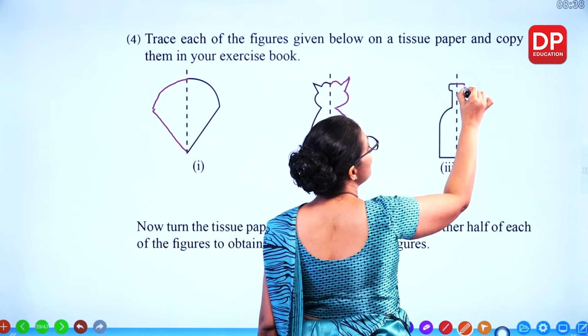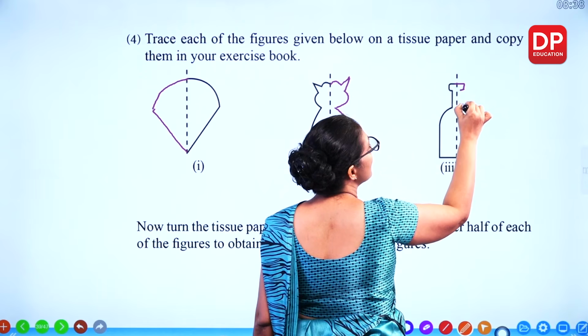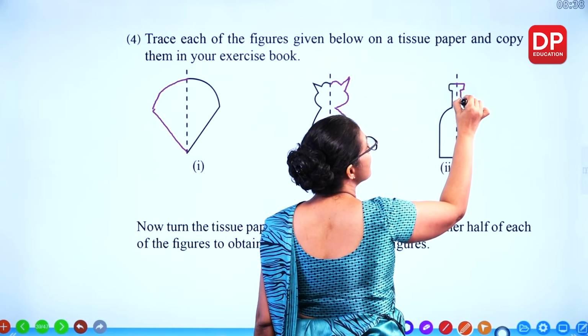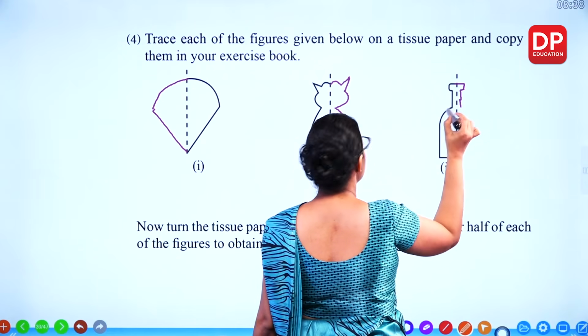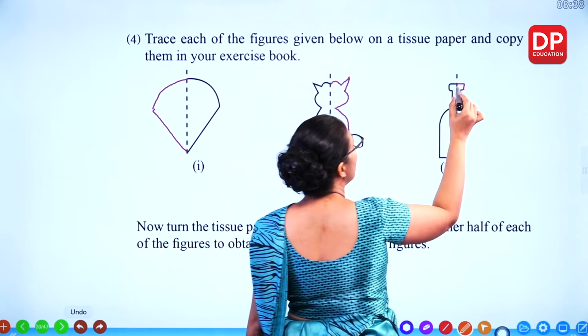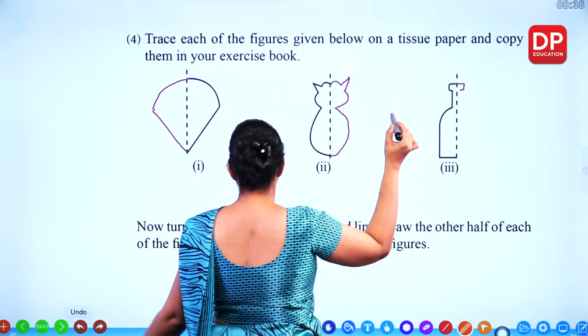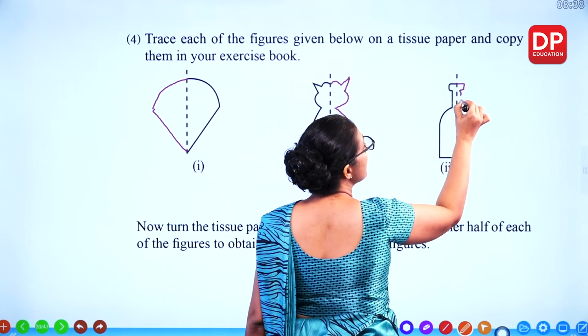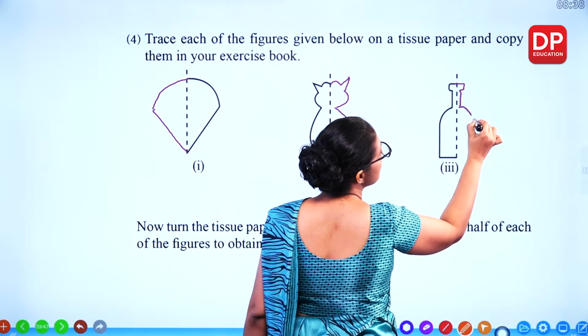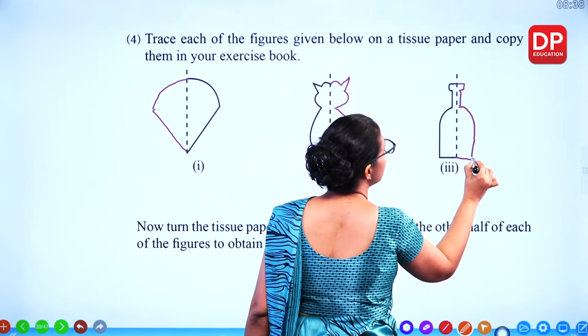My drawings are not perfect. You can draw like this. You can draw the line like this and here and connect.